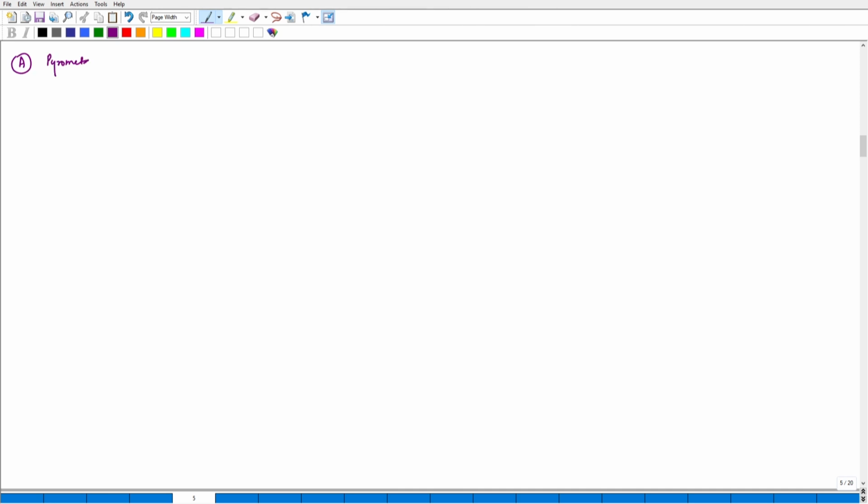Pyrometallurgical. So a generalized flow sheet is something like this. Discharge, I am just writing discharge because it is assumed that these batteries have been treated, handled properly. Discharged batteries are dismantled.